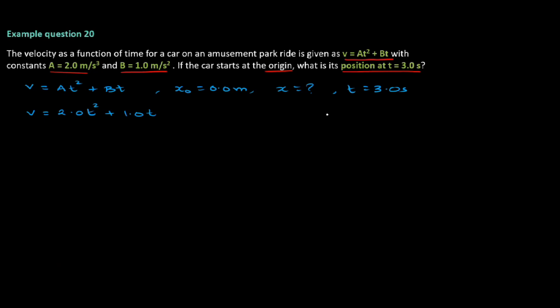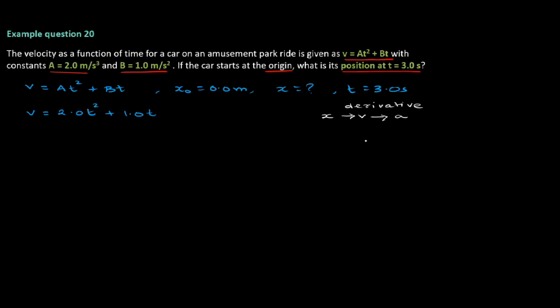Now when they give you a position function and ask you to find velocity from position, or give you velocity and ask you to find acceleration from the velocity function, we take the derivative to go from position to velocity to acceleration.